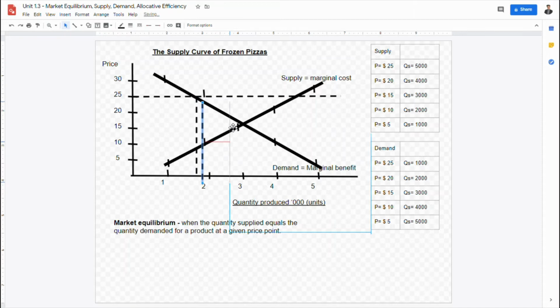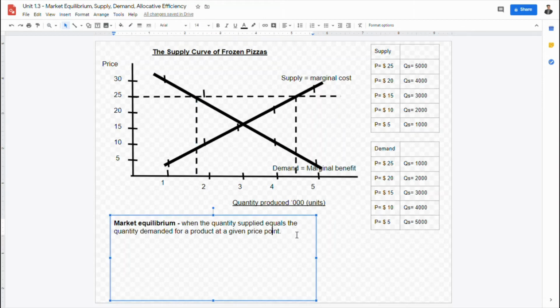However, in this case, consumers are willing to buy 17,000. However, suppliers at this higher price are willing to supply almost 4,500 units of frozen pizzas. That shows that at a price level of $25, there is an excess supply.